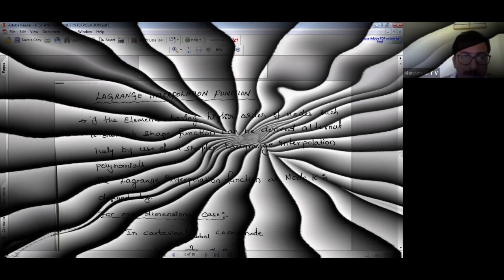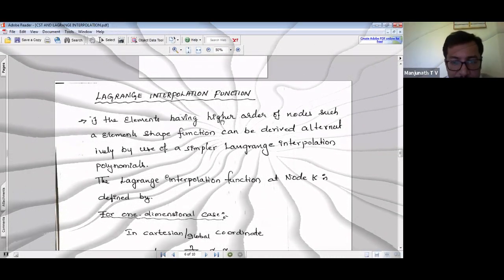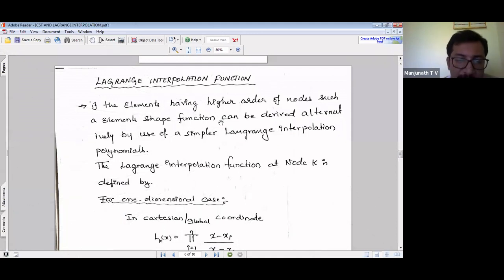Next topic, Lagrange's interpolation function. You know that we have shape functions for all types of elements. If it is a simple element with only corner nodes, then by using the boundary conditions we can find the shape functions for the element.